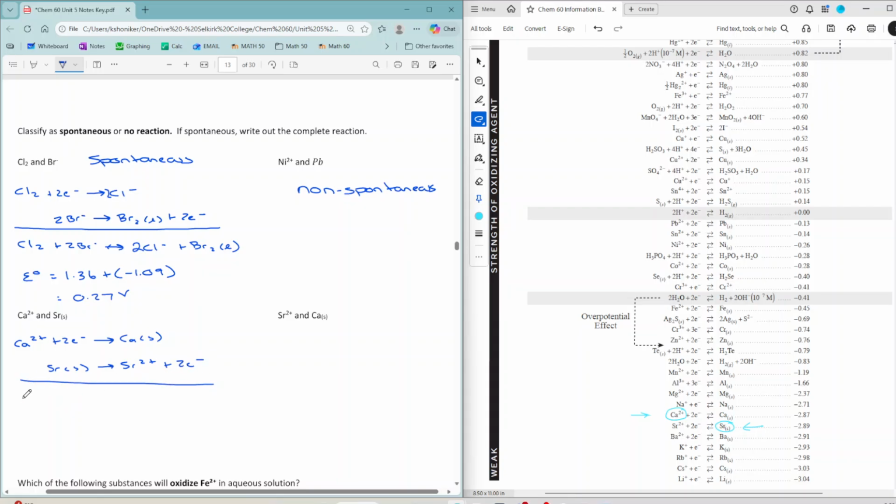My overall reaction will be calcium ion plus strontium solid forms calcium solid and strontium ions.